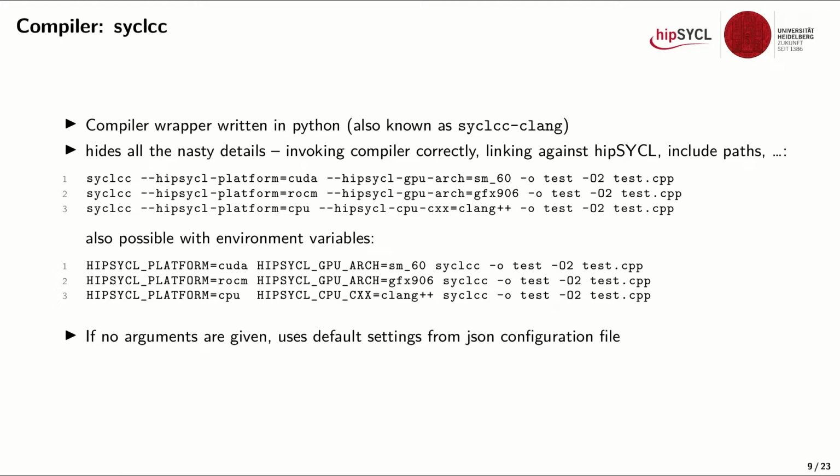You can also do these settings with environment variables. In this case, command line arguments will take precedence over environment variables, and if neither is provided, then SYCLcc will just use some default settings that are loaded from a JSON configuration file that's installed when you compile hipSYCL.